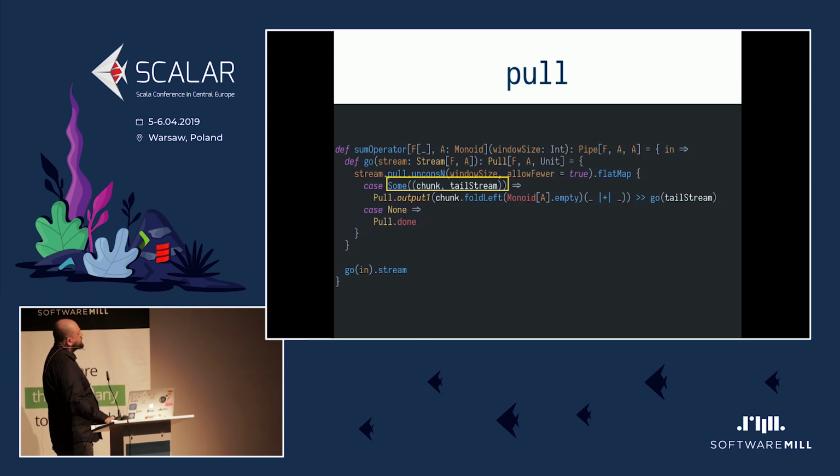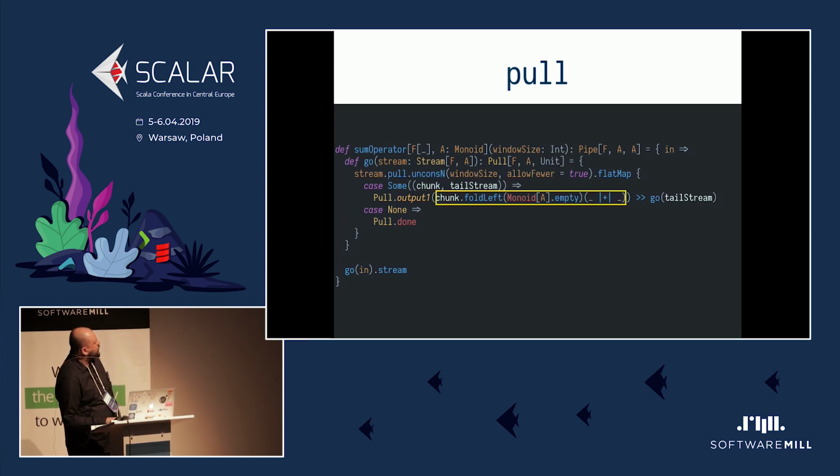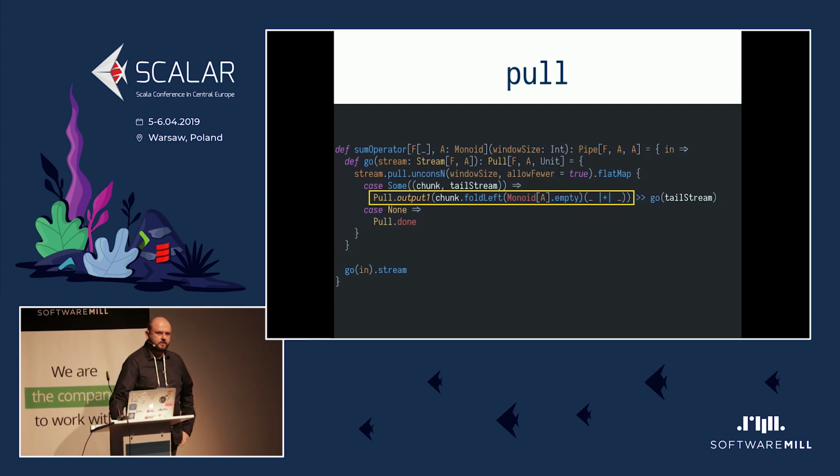In the opposite situation, we have data, and the contract is that the data is a tuple. The first argument is the chunk of the data, and the second argument is the rest of the stream. So the only thing we need to do is to calculate the sum by using foldLeft and the combine operator from Semigroup. Then output that result to the downstream.